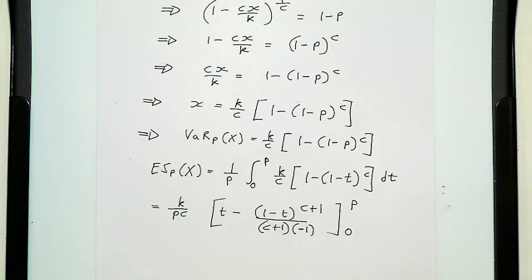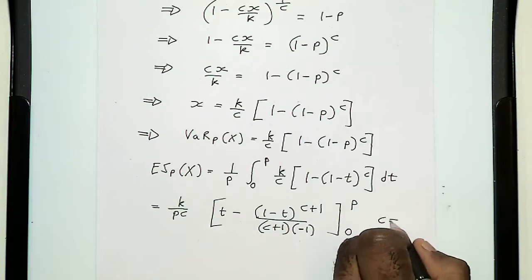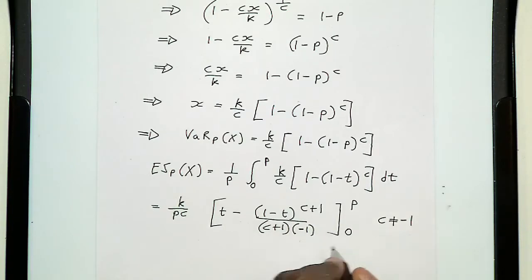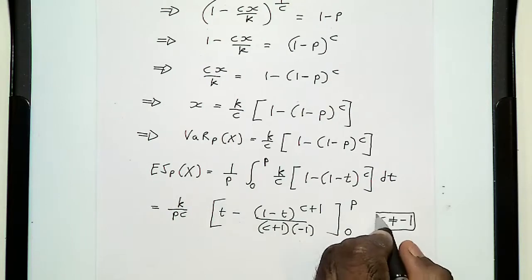Here we need to assume that C is not equal to -1. Otherwise, this is not valid. If C is equal to -1, then you need to use the log. So we need to assume that C is not equal to -1, right?